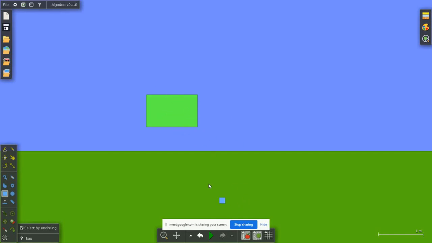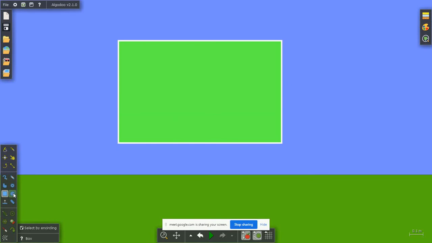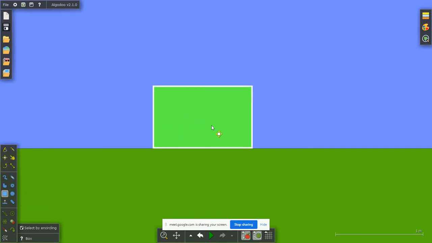This is an object and this is a block which has been kept on the surface.